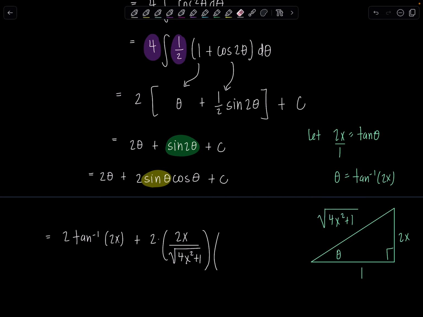Well, cosine theta is the ratio of the adjacent side over the hypotenuse, so that would be 1 over the square root of 4x squared plus 1, plus c.